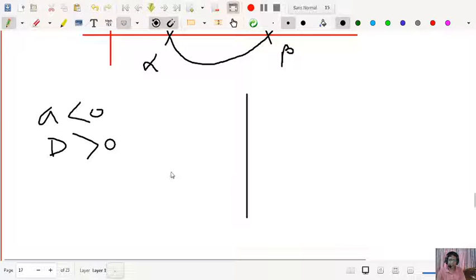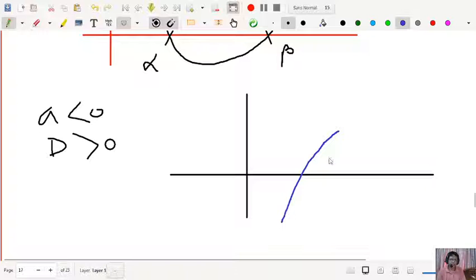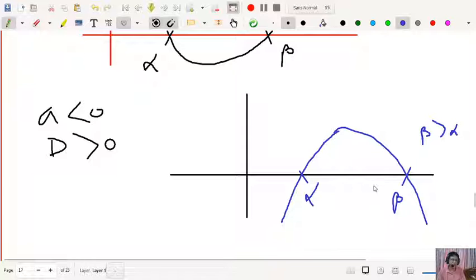What will be the diagram if a < 0 but the discriminant is positive? It will be the opposite, like this, exactly. Here alpha and beta, and beta is more than alpha in my diagram, because you are moving along the x axis to the right, in this direction x is positive, so beta is more than alpha. Am I clear with the diagram?